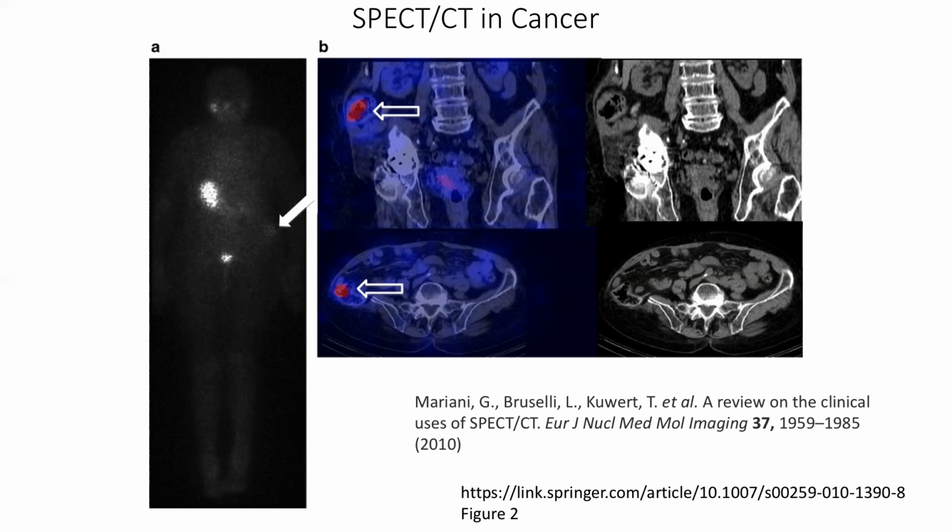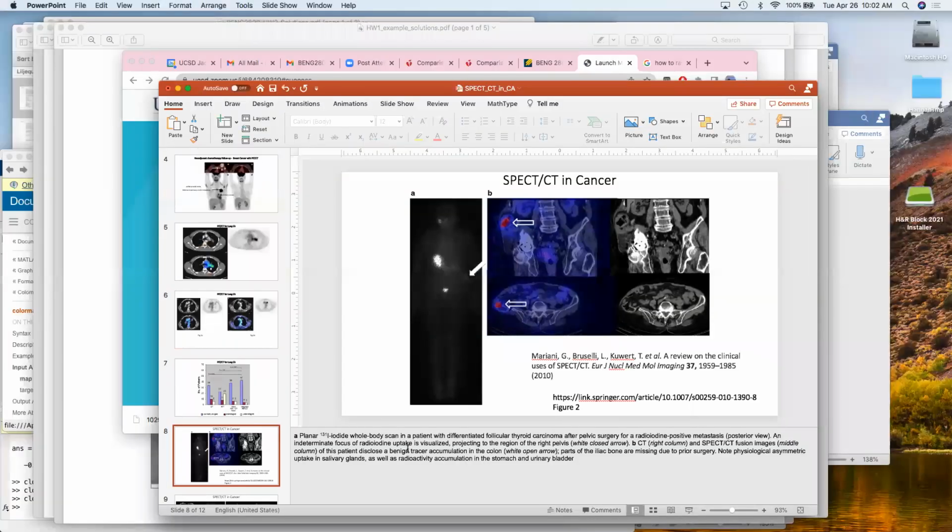And what's interesting now, I'm going to read this caption again because this is a really interesting case. So this is an iodine whole body scan with a type of cancer after pelvic surgery. And so after the pelvic surgery, say the patient, colon.